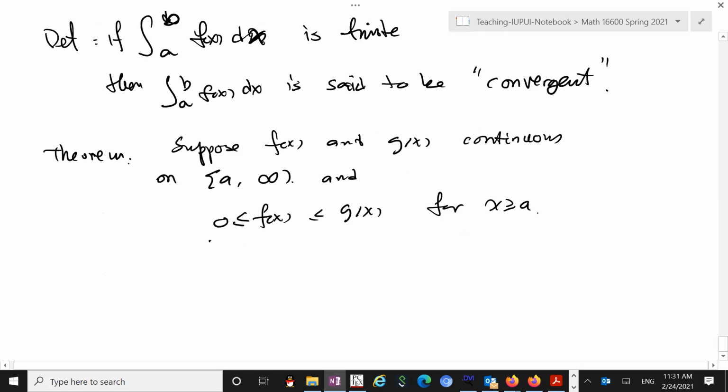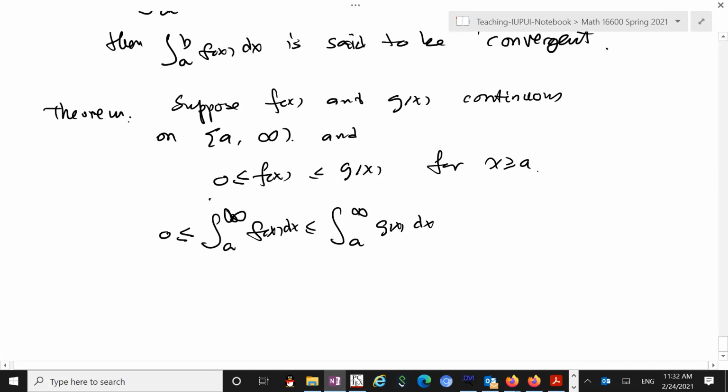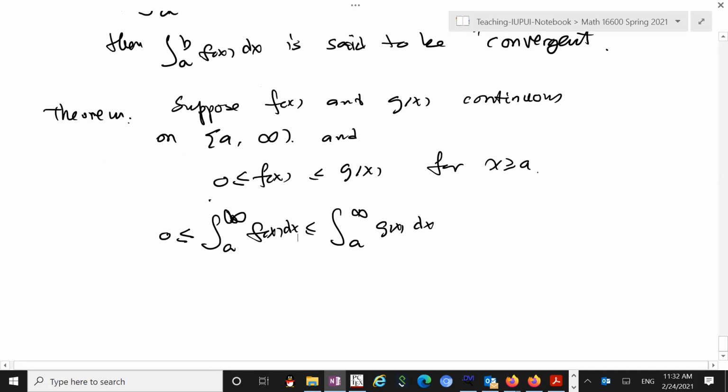Then you have the following, so we know that the integrals must have this comparison, right? Okay, this side is nonnegative. So if the integral on the right-hand side is finite, then the integral on the left-hand side is also finite. That's called the sandwich theorem, kind of, between.